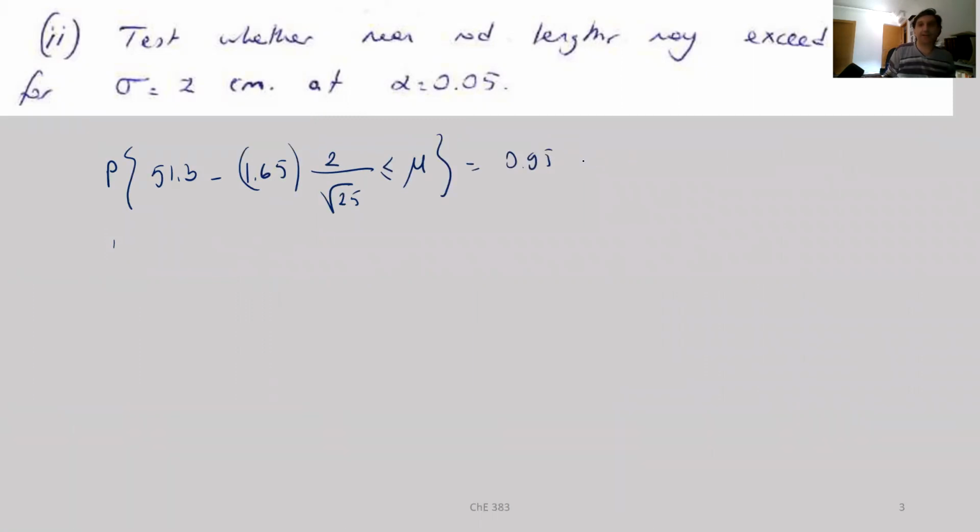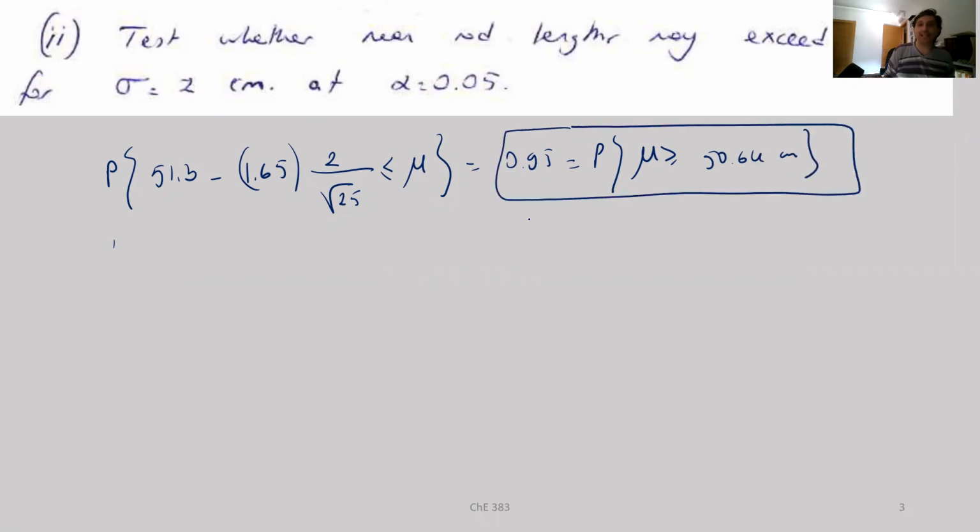Therefore, here we can find mu is greater than a lower bound of 50.64 centimeters with a probability of 95%. So note that this says that mu is going to lie in the interval. Actually, it's not an interval, but is going to be bounded on the left-hand side by 50.64.